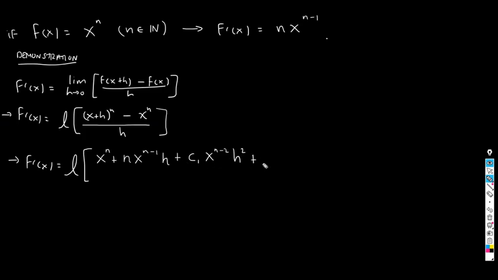Okay, and so we have the same pattern until we eventually get to another coefficient, x to the 2 times h to the n minus 2, plus another coefficient times x to the 1 times h to the n minus 1, plus, I made a mistake here, this is C3, this is my coefficient number 3, plus another coefficient.